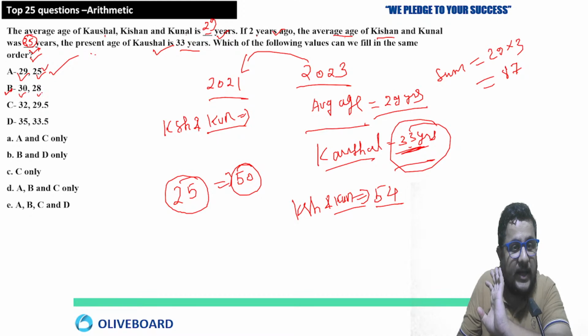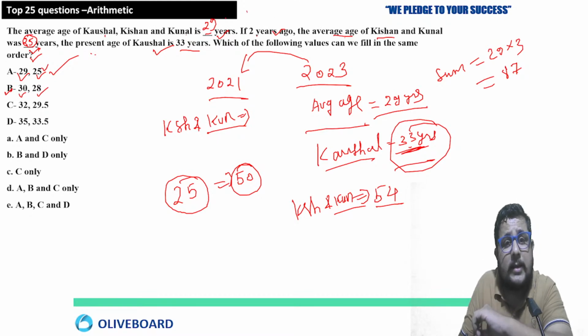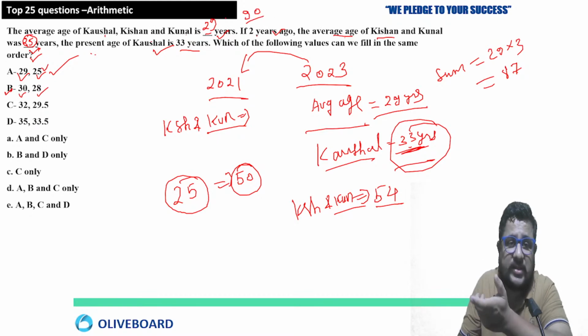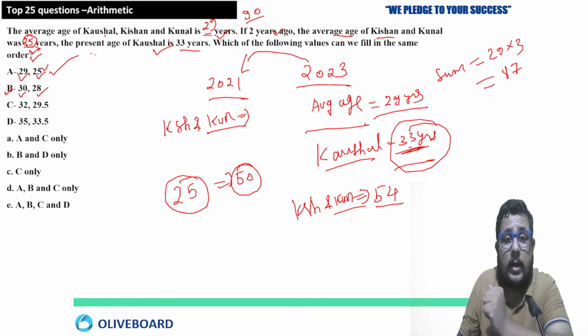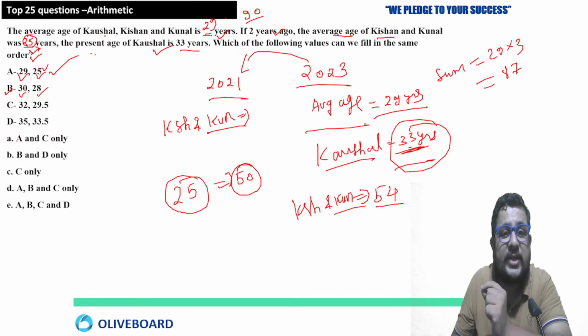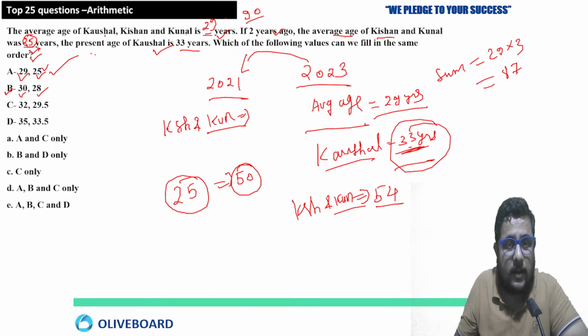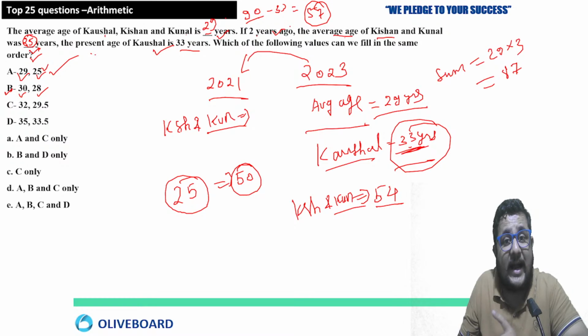Now second, 30 and 28, just put the value. 30 means their sum is going to be 90 because 3 persons are there, right? If 90 is the sum of their ages, and Kaushal is 33 years, then 57 is going to be the age sum of Kishan and Kunal at present.